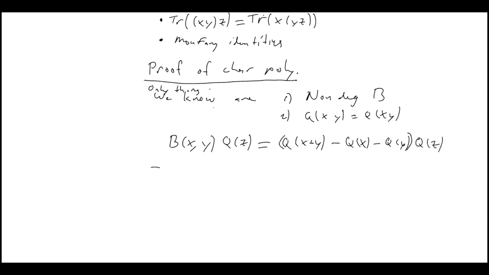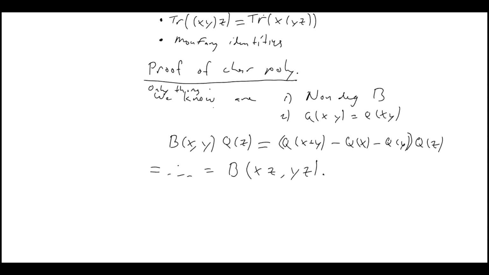And I can just regroup and use the multiplicativity. Maybe I won't write everything out. But what happens is this z can get absorbed inside. So now we get the bilinear form of x times z, comma, y times z.